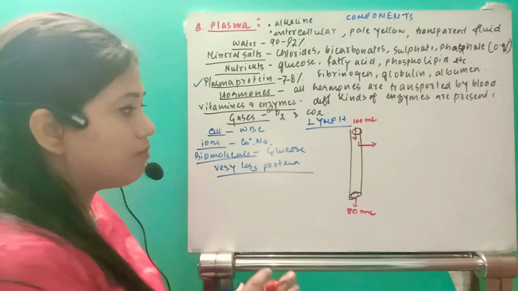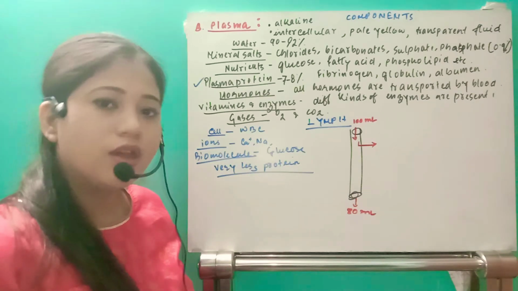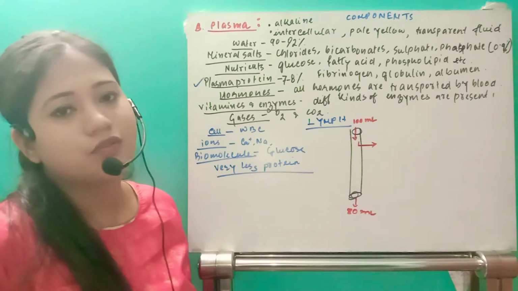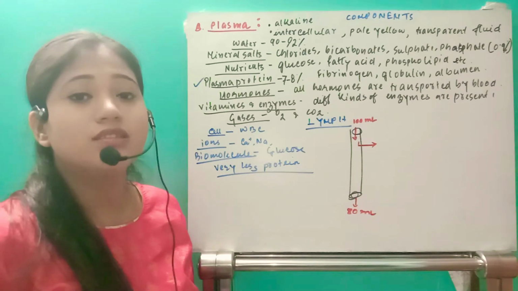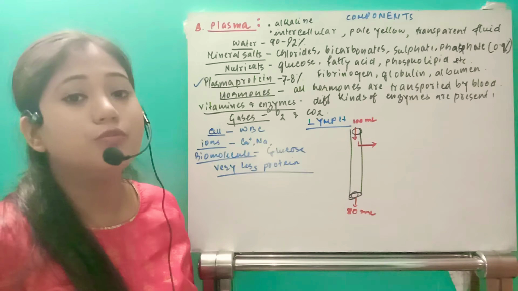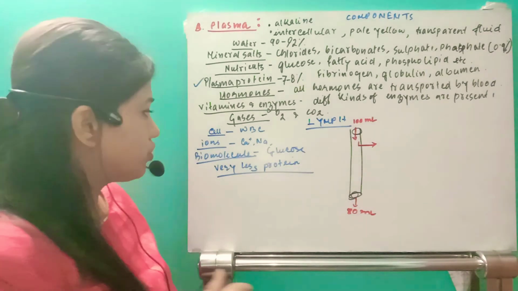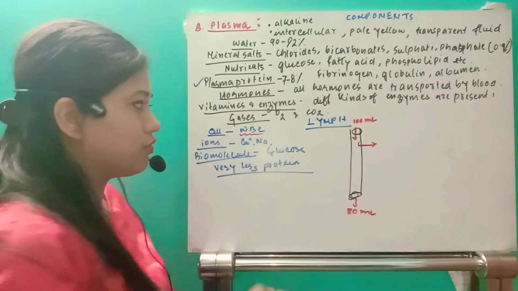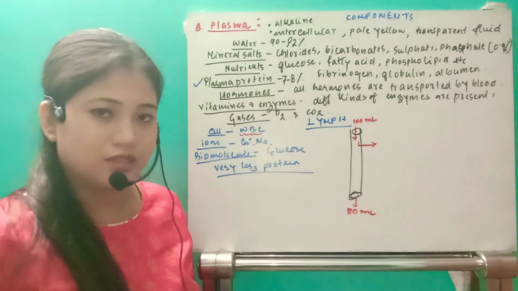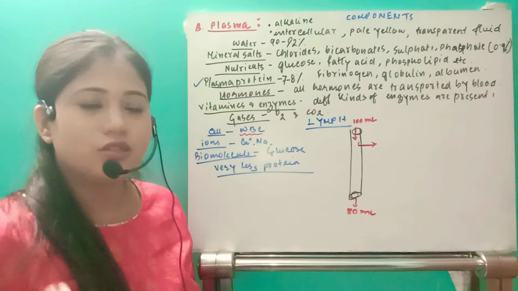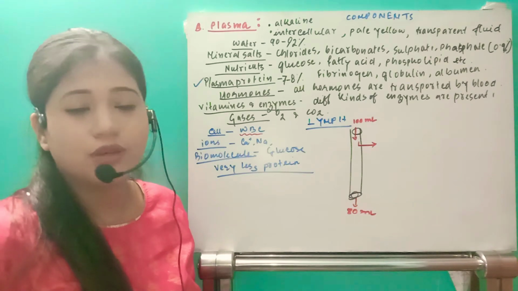RBC and platelets cannot come out, but yes, WBC can squeeze out of the blood vessel. I told you the phenomenon by which the WBC can squeeze out of the blood vessel, that is diapedesis. That's why you can see the highest amount of WBC is present in the lymph, because due to diapedesis the WBCs come out of the blood vessel.